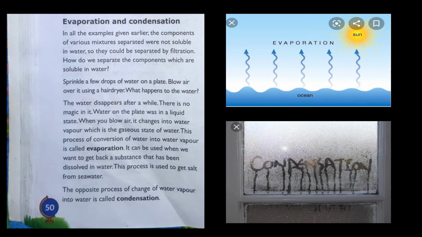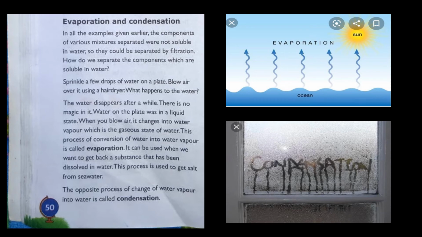What you have to do is take that plate to the sun, place it anywhere outdoors, and after some time you will get your salt. What happens there? Because of the temperature, all the water particles present in it are converted into water vapor, and as the salt was in solid form, you will get it back. That is exactly the practical view of evaporation.